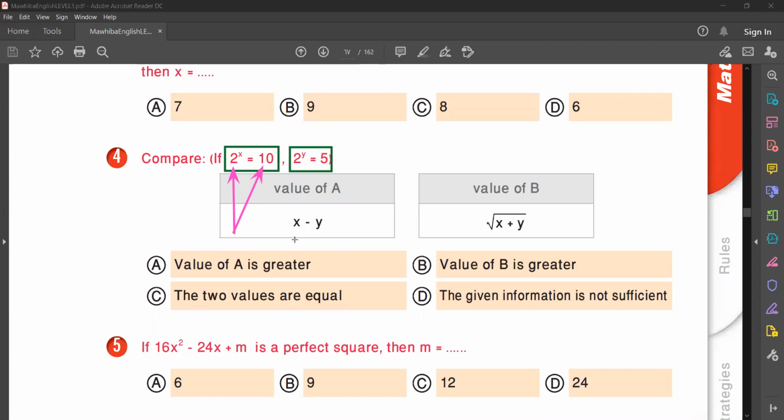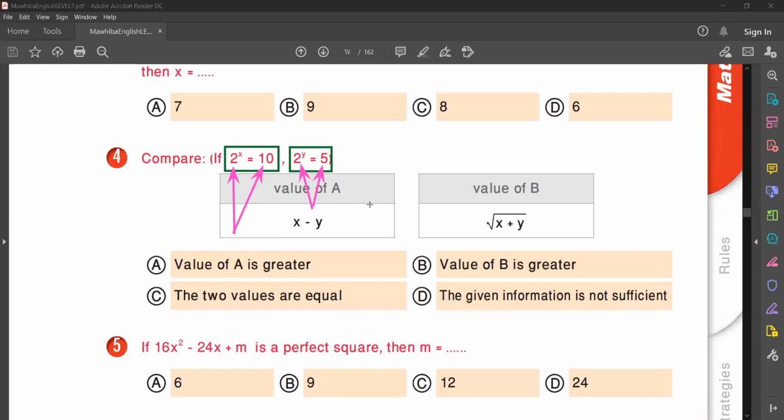We can't, because when you factor 10, you get 2 times 5. So the bases are different, and I can't put the bases the same. How do I find x now?